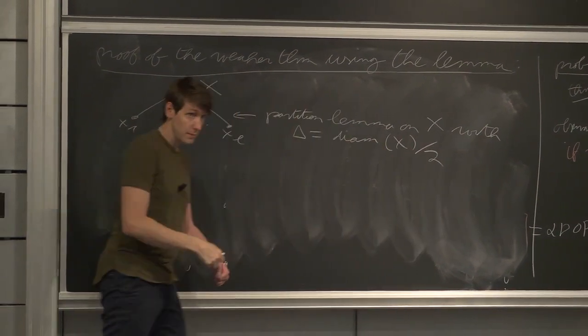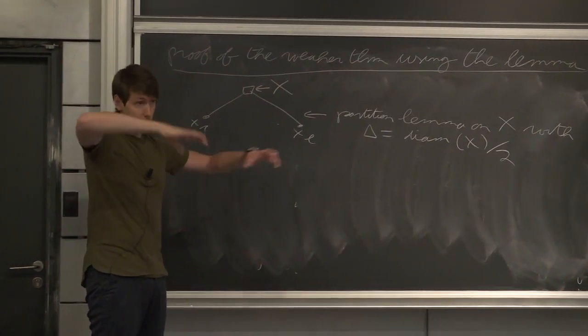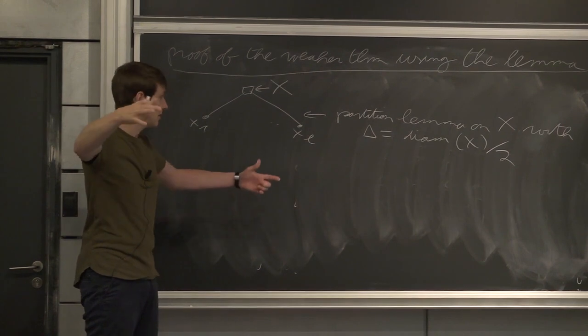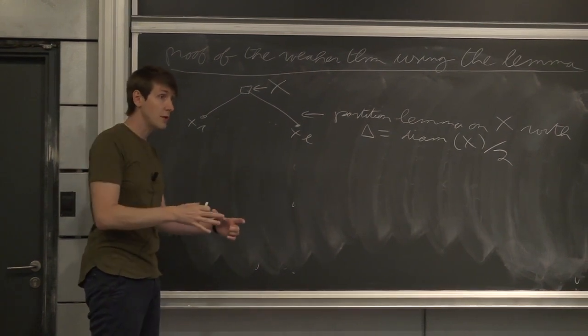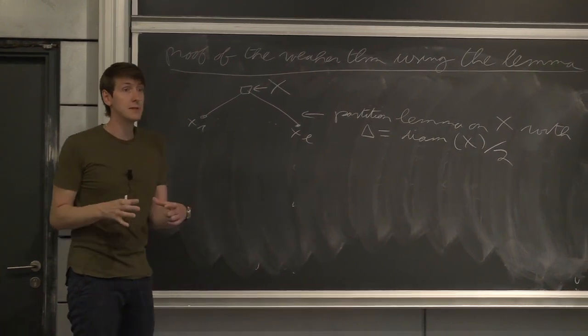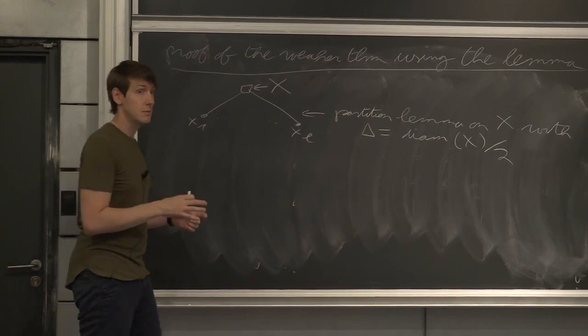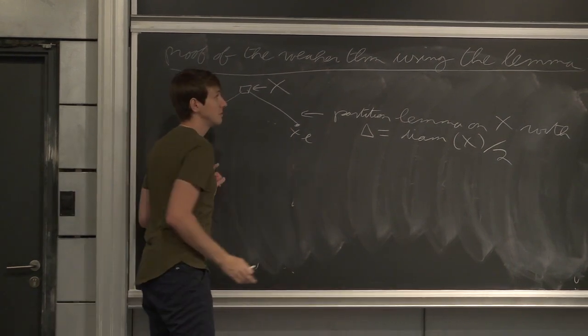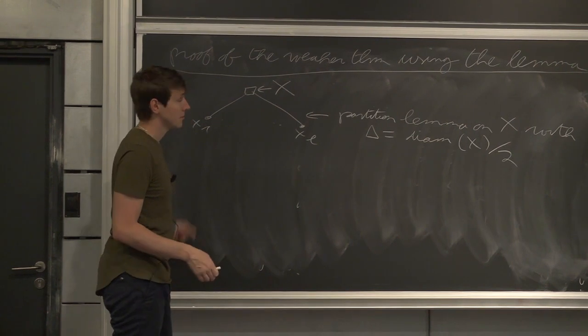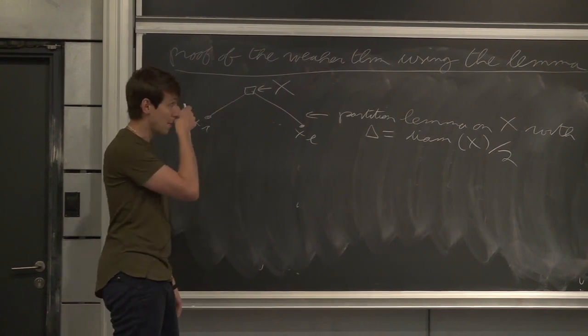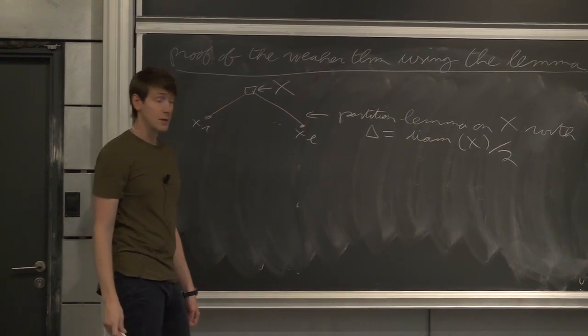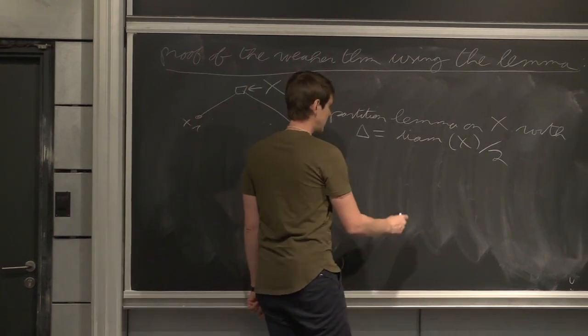So I have a space of some size, 100. And now I'm going to get a bunch of smaller spaces of size 50. I don't know how many, a bunch of them. This is this lemma. Make sense? So it's going to look like this.